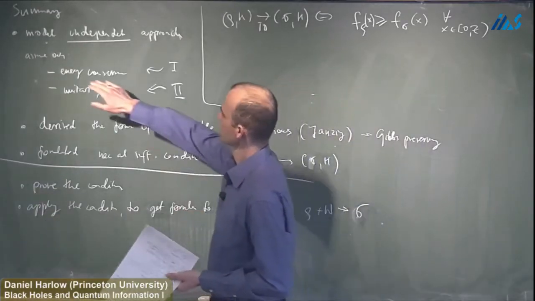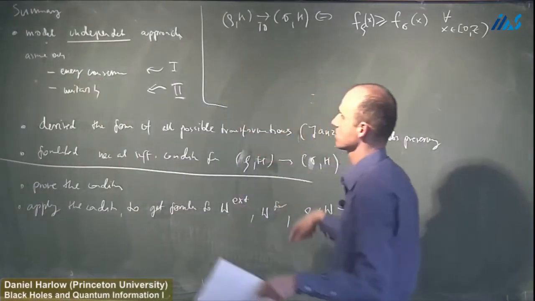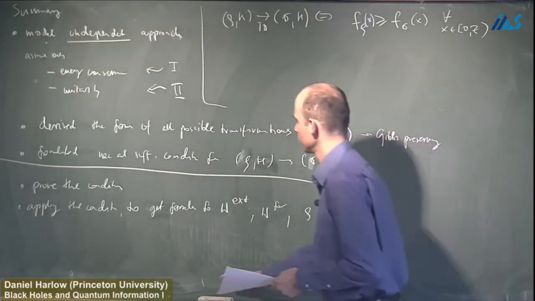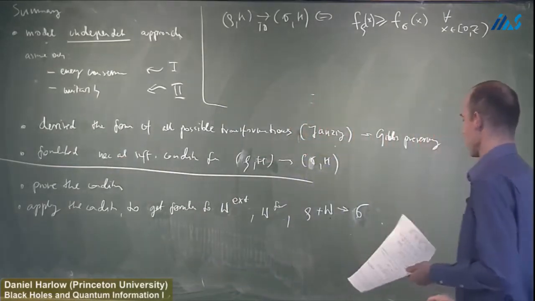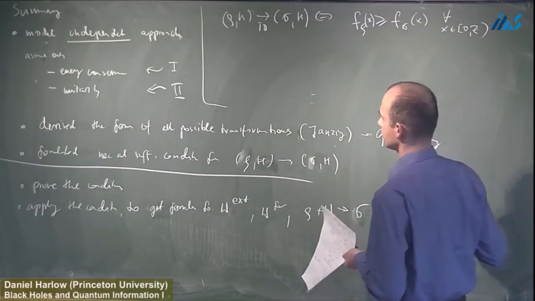So what we can do, we only have to conserve energy. So our unitaries will be within fixed energy blocks. And within this block, I showed you the structure of levels.